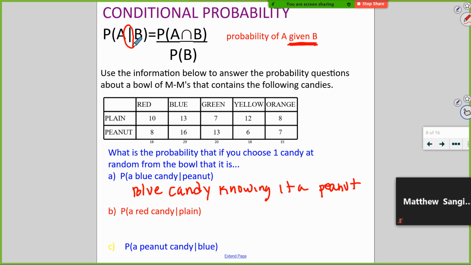Ramses, give me an answer. What do you think? A blue candy knowing that it's a peanut M&M. What do you think? Random guess. I would say 25. Well, it's gotta be a probability, so it has to be a fraction.